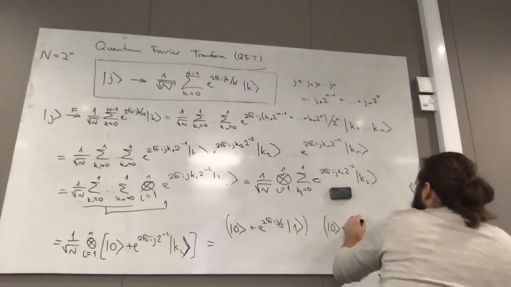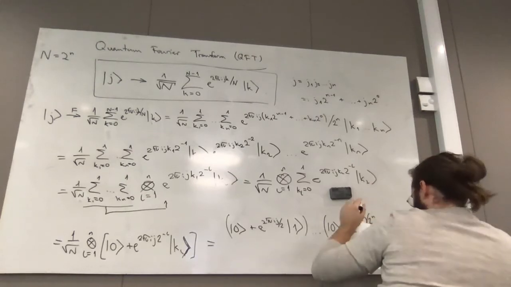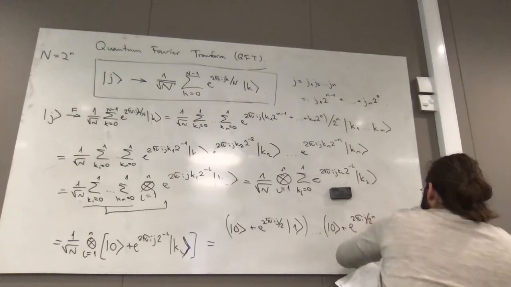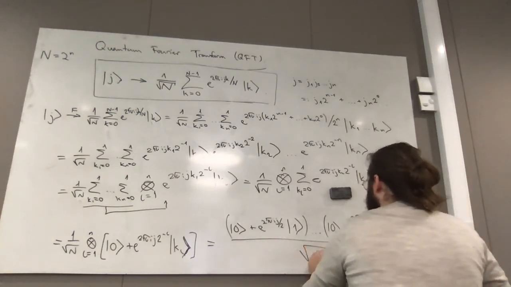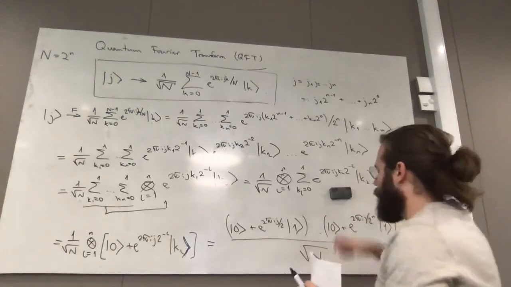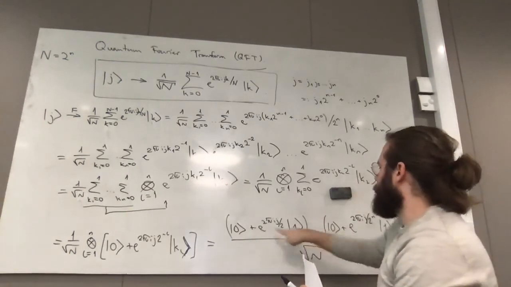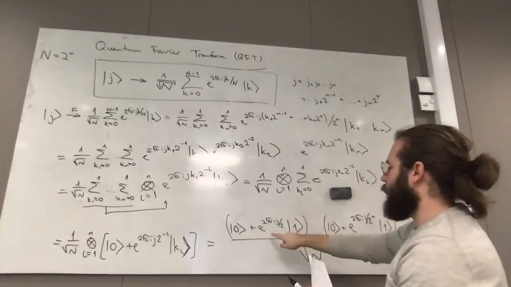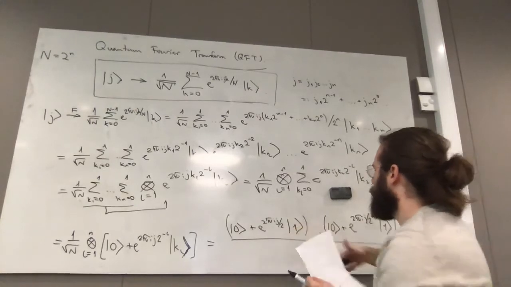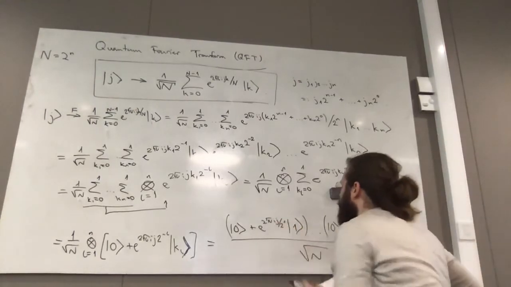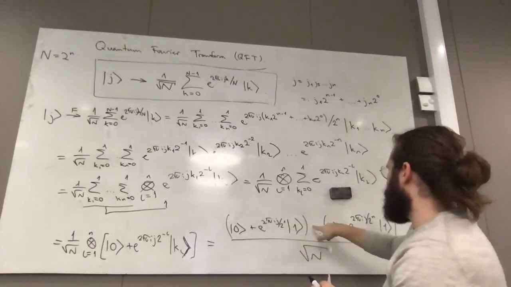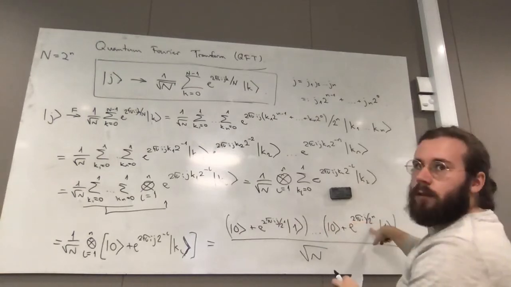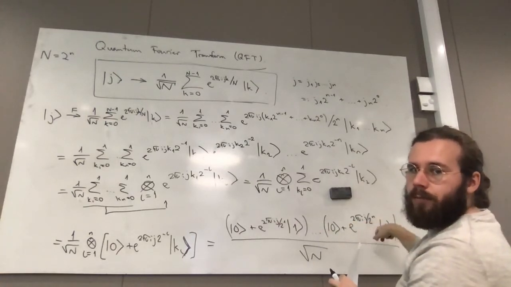E to the 2 pi i j over 2 to the n, 1. And then this entire thing is divided by square root of capital N. So the only thing that changes between all of these products is this 2 here, I should write 2 to the power 1 here, I guess. You start dividing by 2 to the power 1, then 2 to the power 2, etc., up till you divide by 2 to the power n up here.